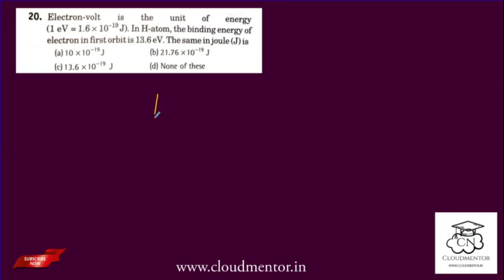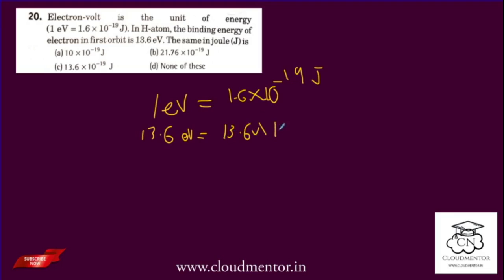Given that 1 electron volt is 1.6 multiplied by 10 raised to minus 19 joules, 13.6 electron volts will be equal to 13.6 multiplied by 1.6 multiplied by 10 raised to minus 19 joules, which equals 21.76 multiplied by 10 to minus 19 joules. So option B is the right answer.